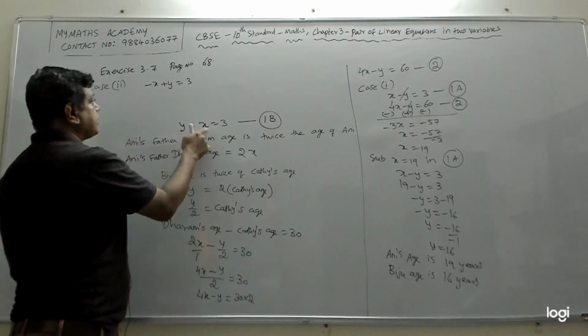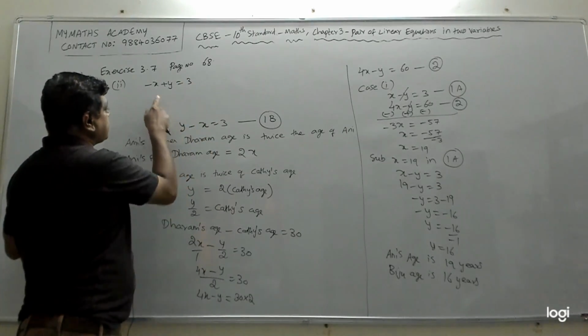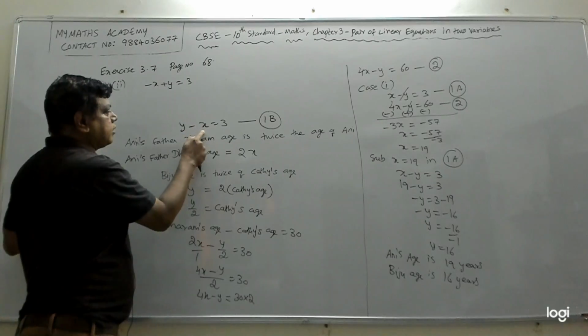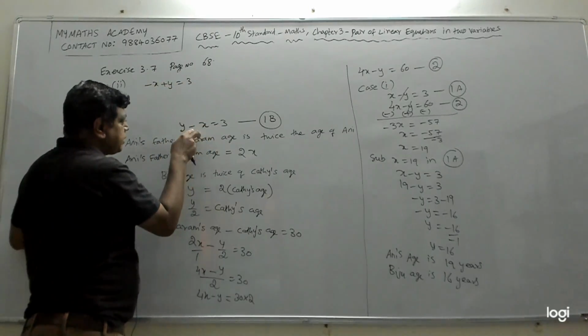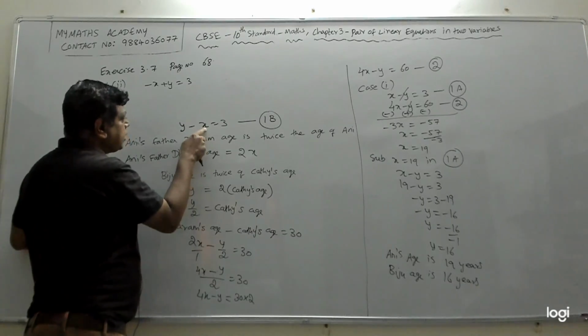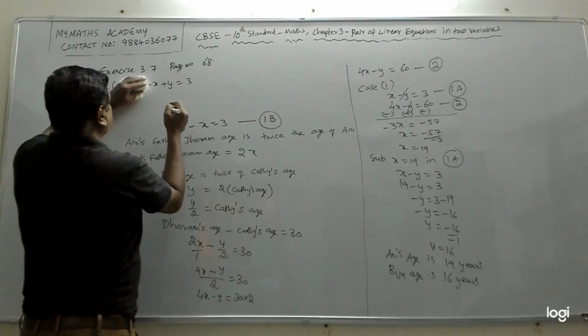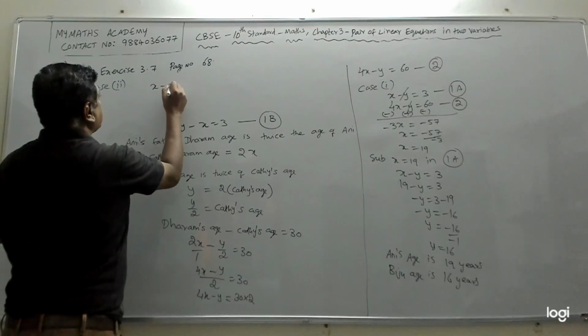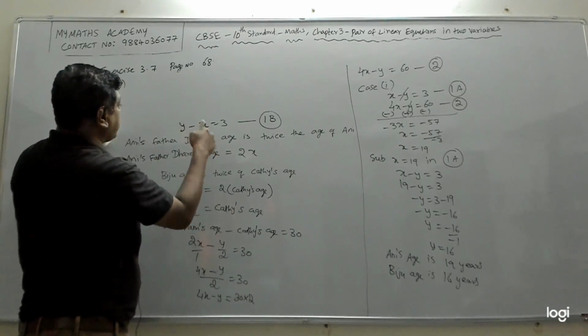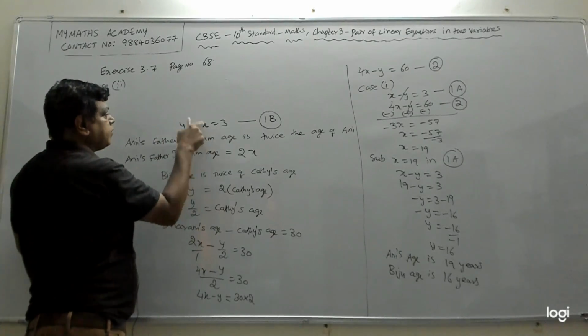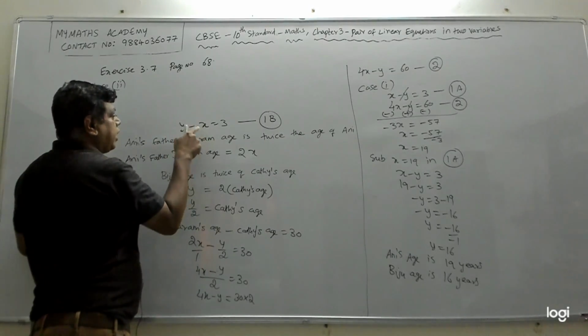See, y minus x is same as, if I write x first, I should write along with the sign. We generally write x first, y next, then the number. So you cannot write this as x minus y equal to 3. No, you cannot write it like this. We want to write x first, which means I have to put x first. Then I have to put along with the sign.